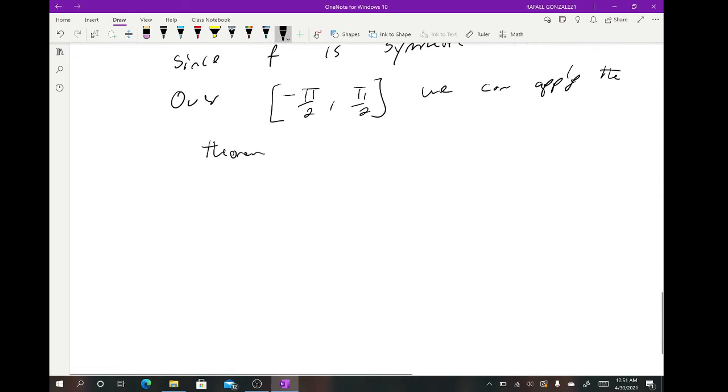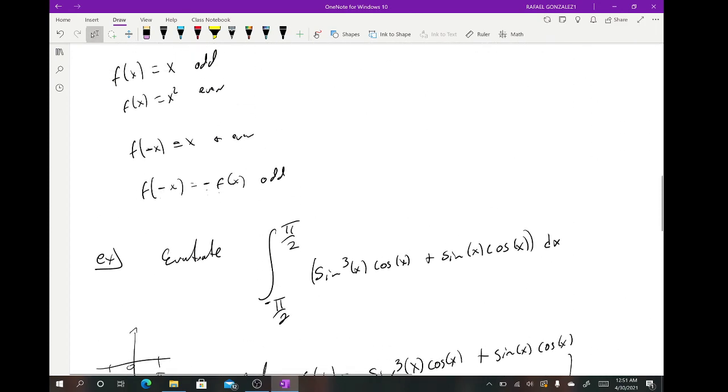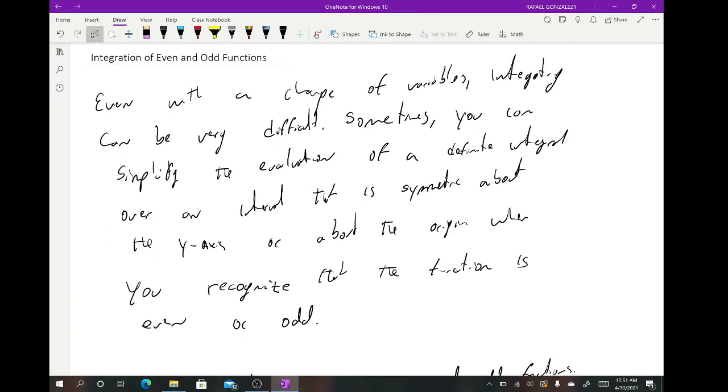So by applying the theorem, we have that the integral from negative pi over 2 to pi over 2 of sine cube of x times cosine of x plus sine of x times cosine of x dx is equal to 0 by the theorem. And this is one of those theorems that you don't get to use a lot, but it can definitely come in handy if you know it.